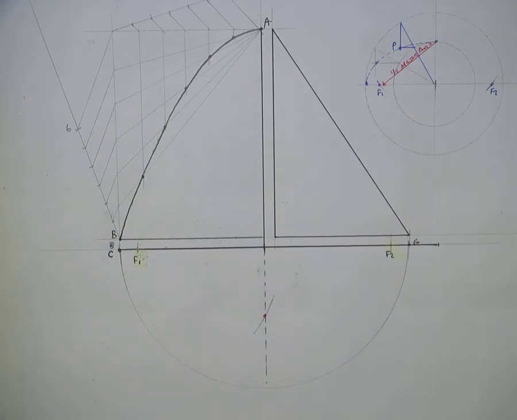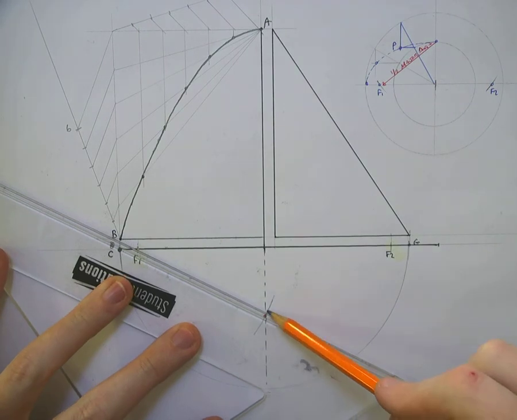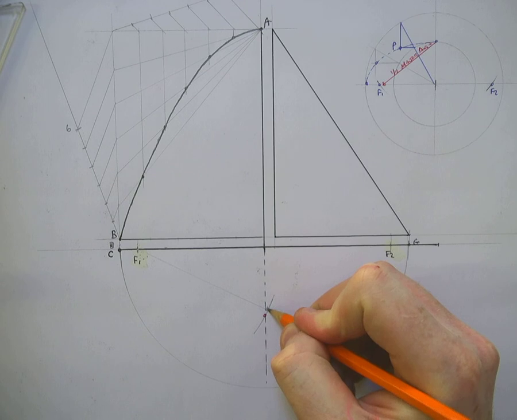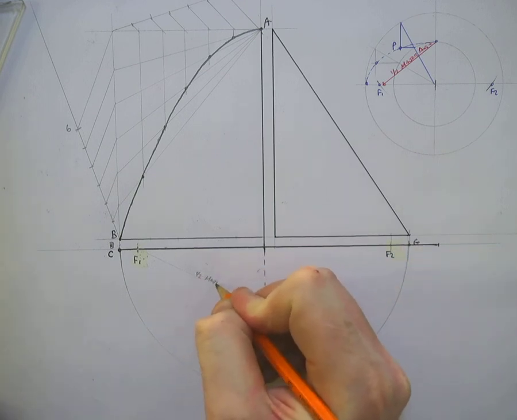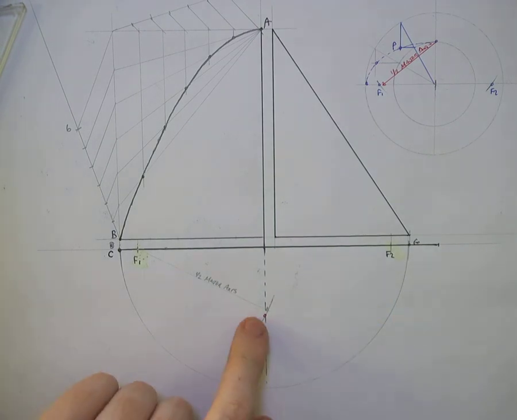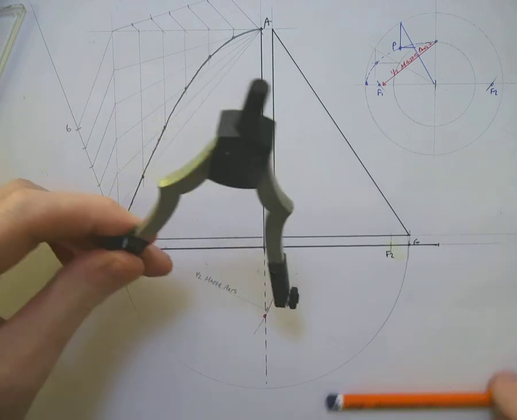So I might just draw this in lightly, just to show you that distance there is half the major axis. And then that gives me a point on my minor axis. So now I can go back to my question and draw in my minor circle.